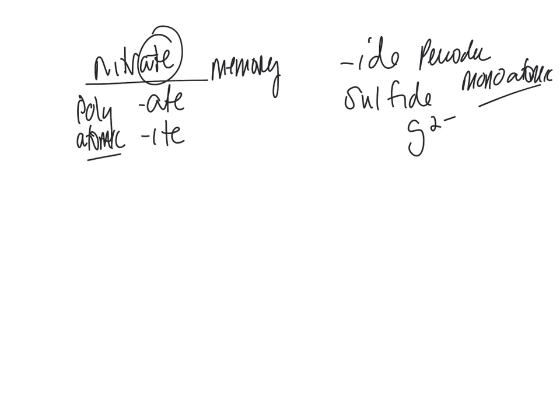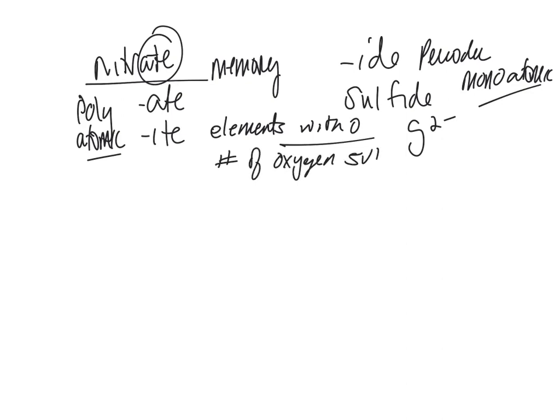And the ates and the ites are the elements that form with oxygen. Okay? So you need to know the number of oxygens, which is your subscript, and you need to know your charge that goes with that, and the name, because that's the only way you're going to know.